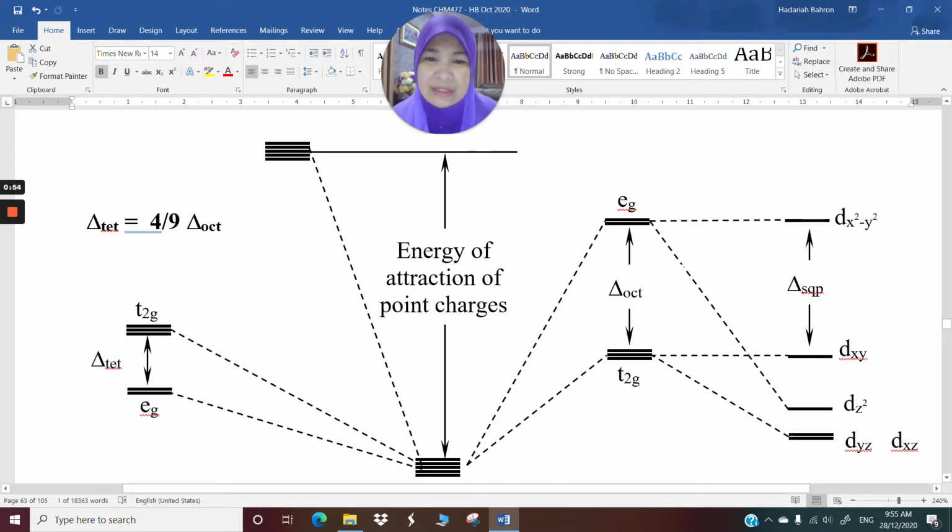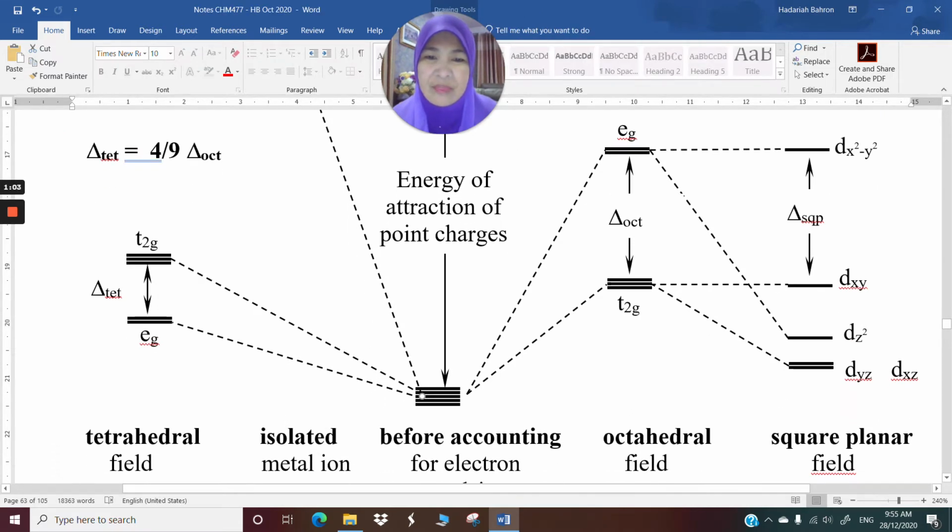This is the picture of how the d orbitals look like when there are no ligands around them. They are degenerate, having low energy, quite stable. But when ligands come to the metal center, 6 ligands come to make an octahedral field.